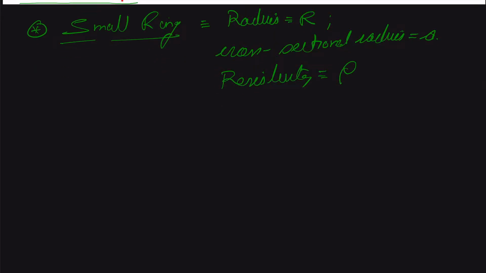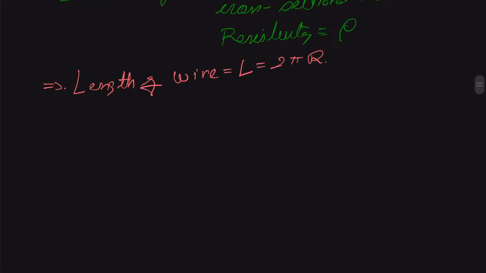Therefore, from here we can write the length of the wire, that is L, will be equal to the circumference, that is 2 pi r, and the cross-sectional area, that is a capital A, will be equal to pi a square.